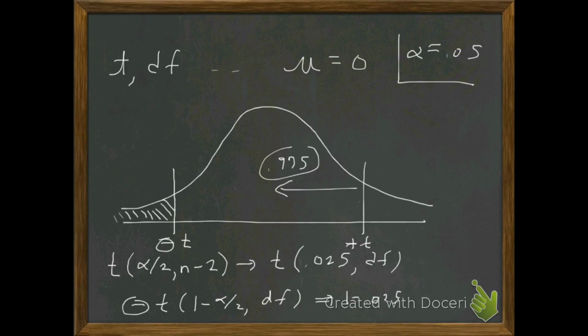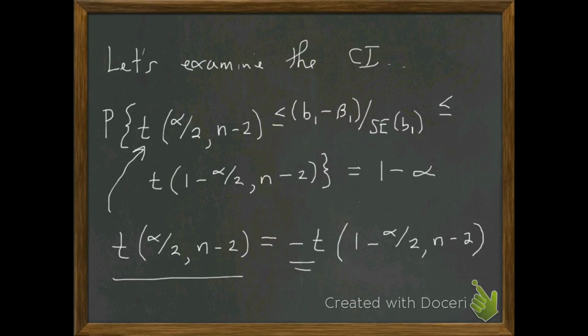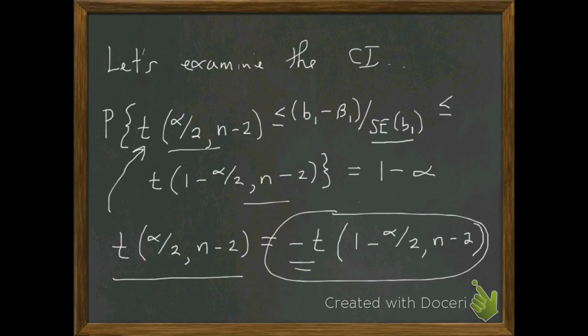So guys, redoing some stuff. If we multiply through by the standard error for beta 1, so multiply the first term, multiply the second term, and use the fact that these two things are equivalent.